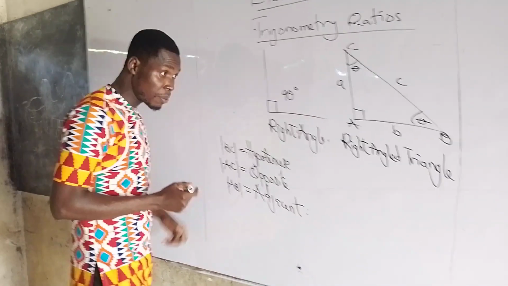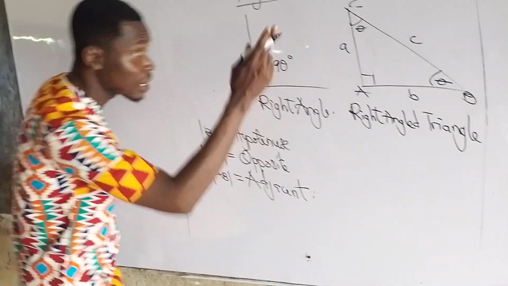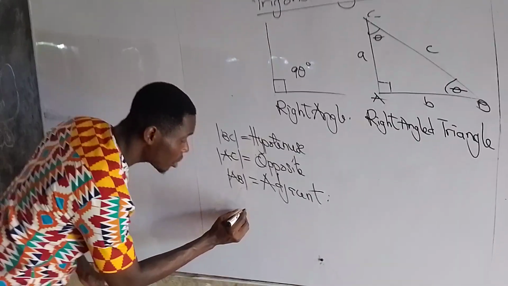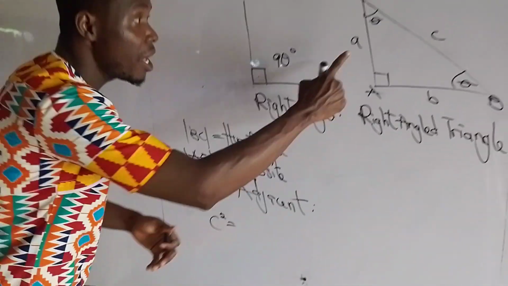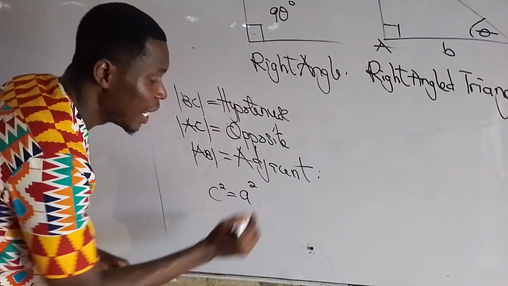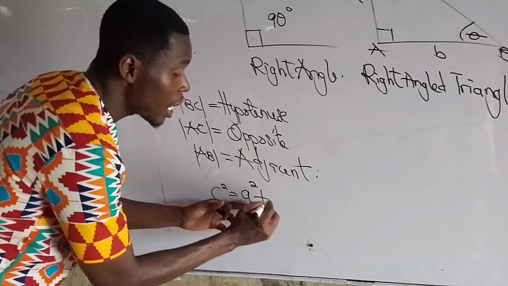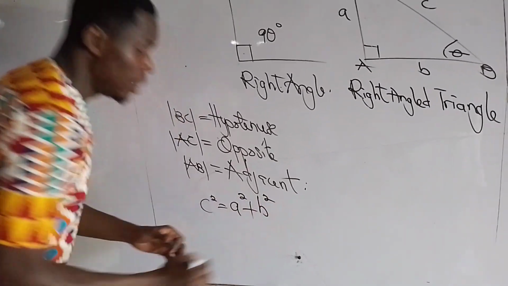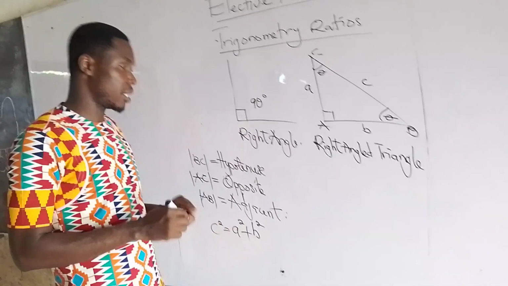So in mathematical terms, the area formed by the hypotenuse is C squared, which is equal to the sum of the area formed by the opposite, which is A squared. The sum is addition, so A squared added to B squared. So this is what Pythagoras said.